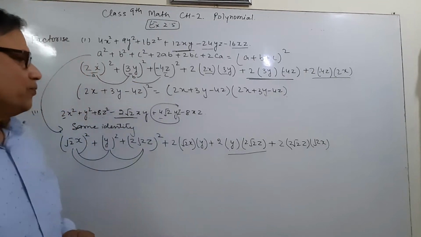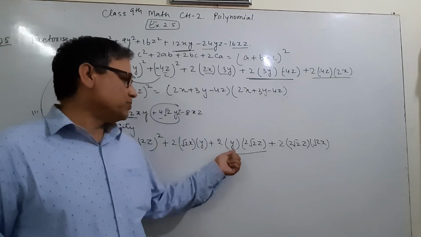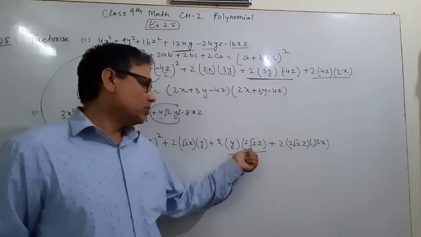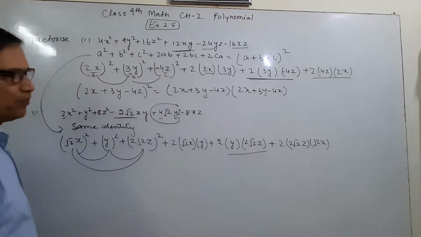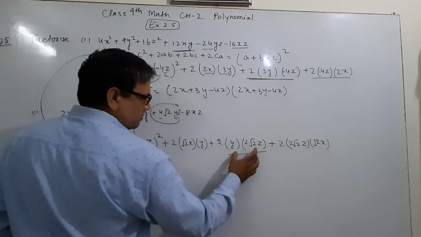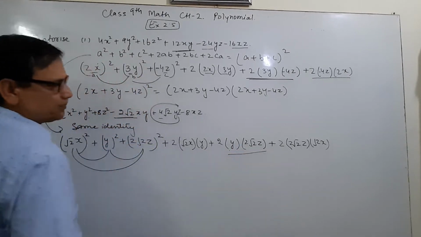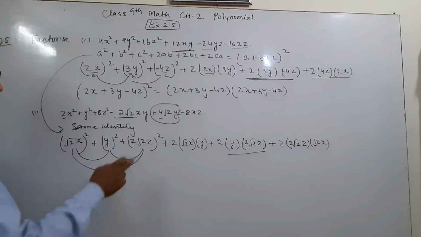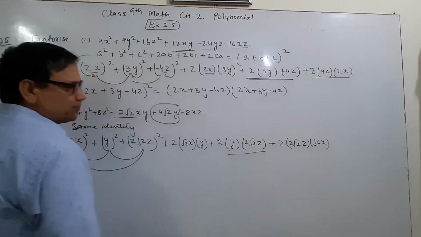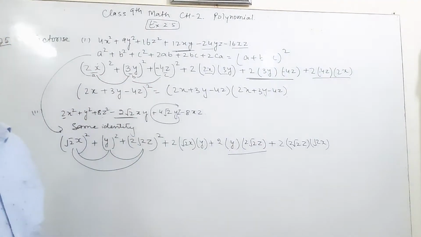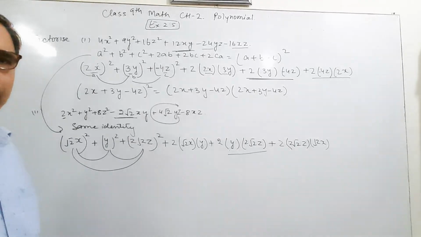It means we have to take y with a positive sign and root 2 root 2 z with a positive sign. Either both will be positive or both will be negative. Please check this step. Now this depends on you, whether you want to take both positive or both negative. The answer will be the same.